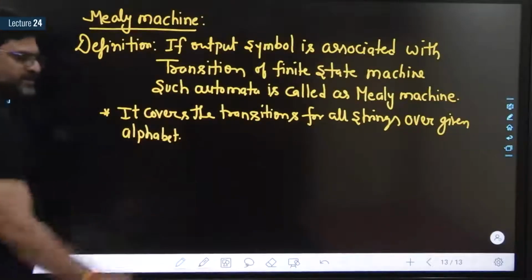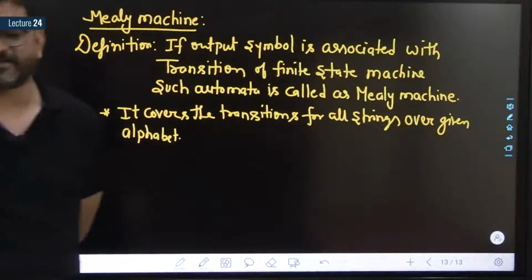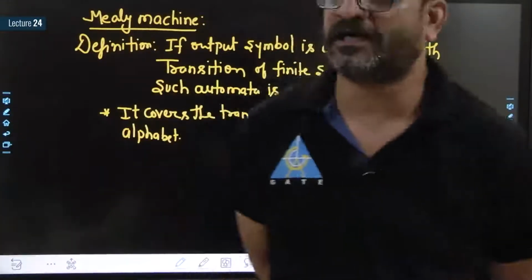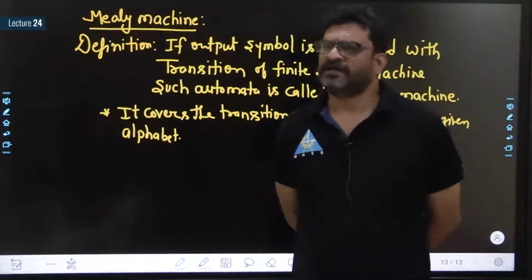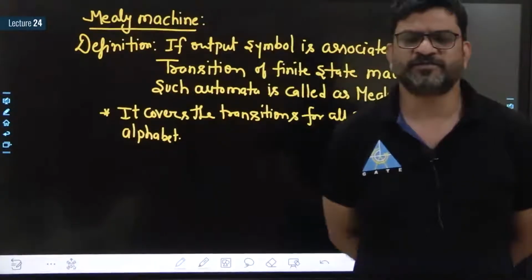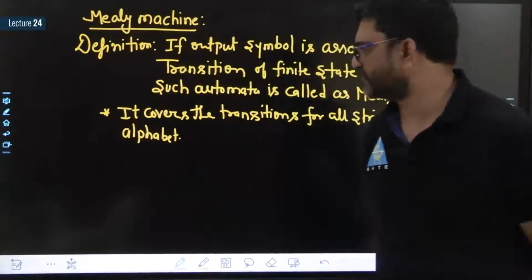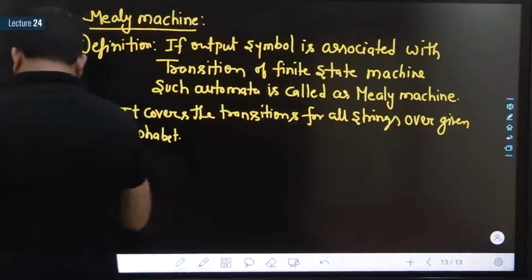What do you mean by this? Each and every state has exactly one transition on every input symbol. I have already told you Mealy machine and Moore machine both are deterministic in nature. Clear?